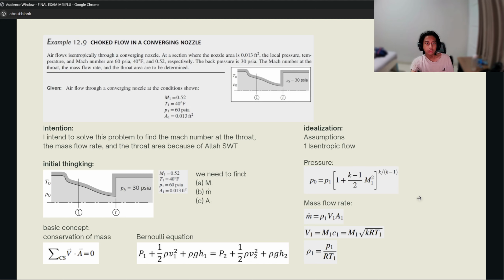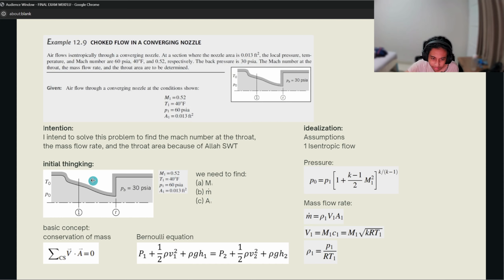So we need to do the intention first. I intend to solve this problem to find the Mach number at the throat, the mass flow rate, and the throat area. Next, move on to the next step, which is initial thinking. The free body diagram as shown in the question looks like this, where the Mach number is 0.52 and the temperature is 40 Fahrenheit.